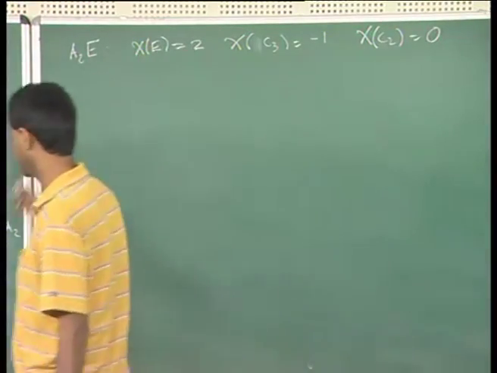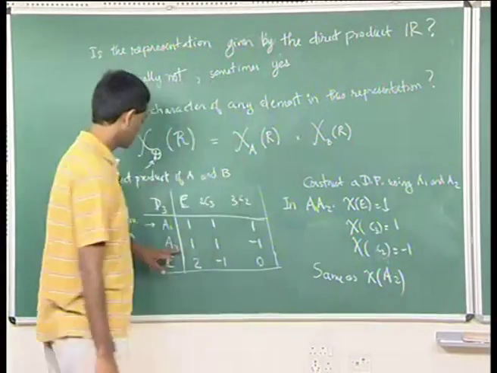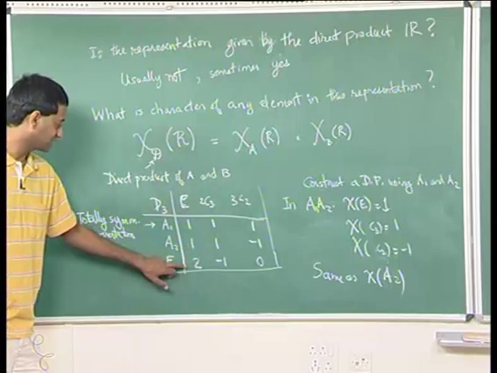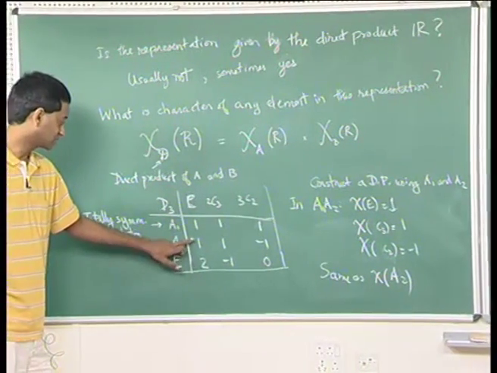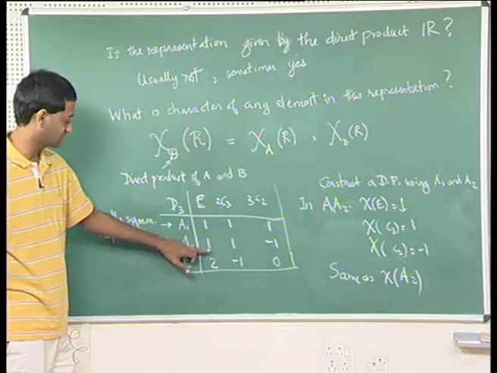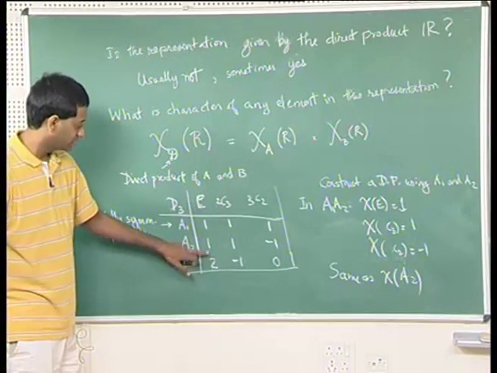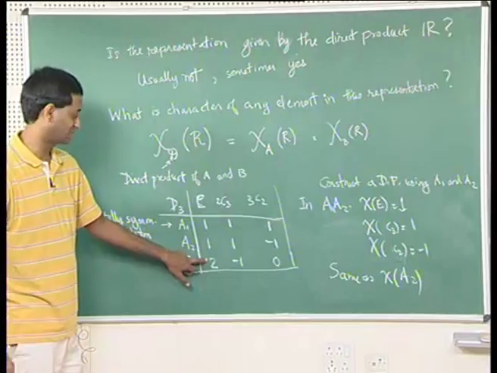And the characters of A2 E are identical to E. That is because A2 is a one dimensional representation, E is a 2 dimensional representation. Their direct product will be a 2 dimensional representation.